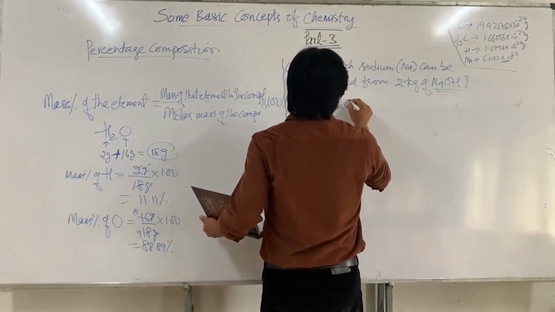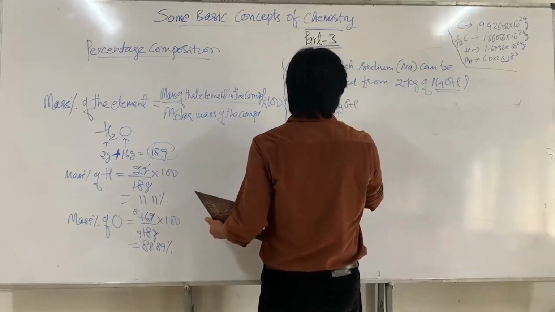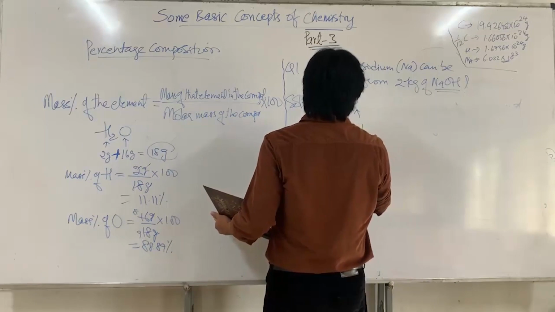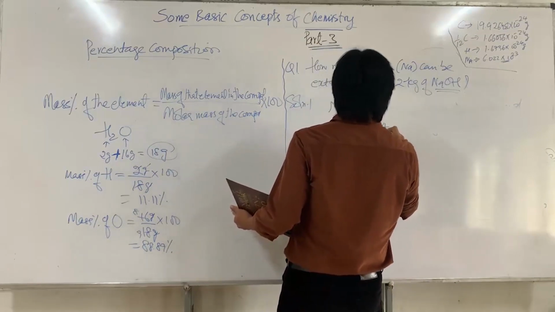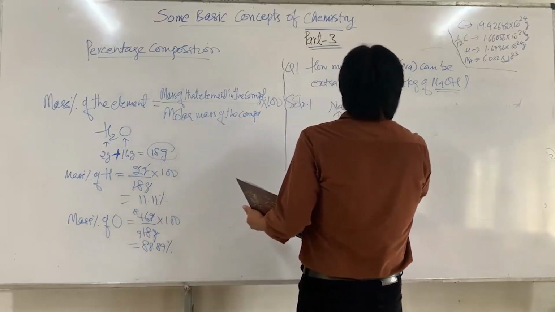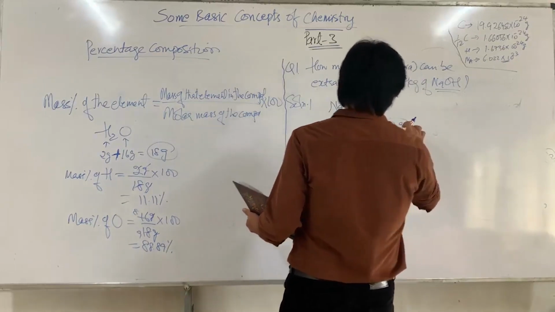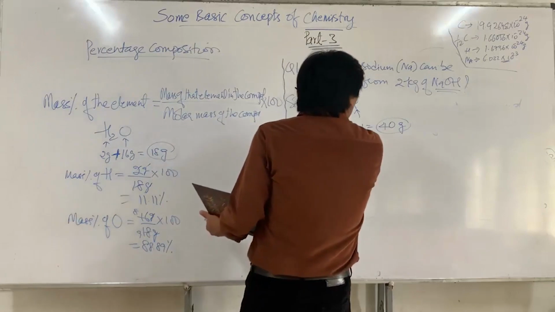In sodium hydroxide, sodium is 23, oxygen is 16, hydrogen is 1. The sum of these is 40, right? If you take it in grams, it is 40 grams. It's the molar mass here.